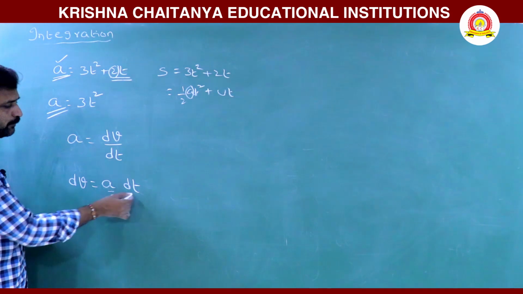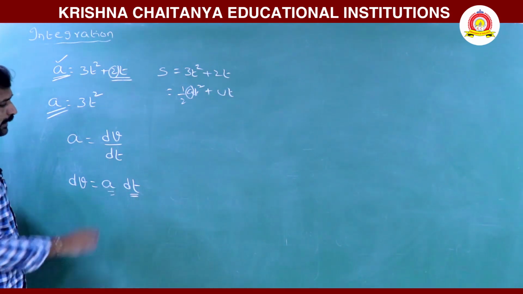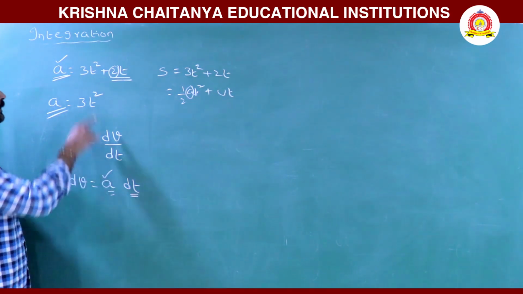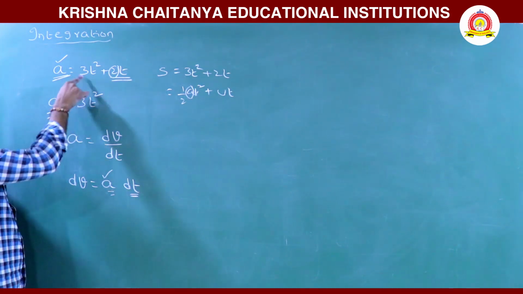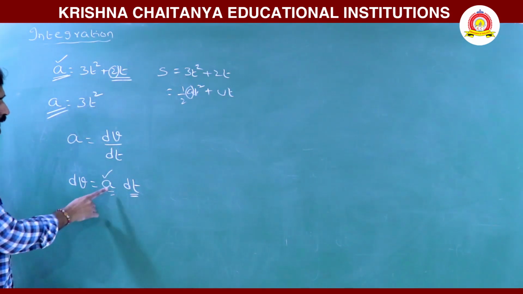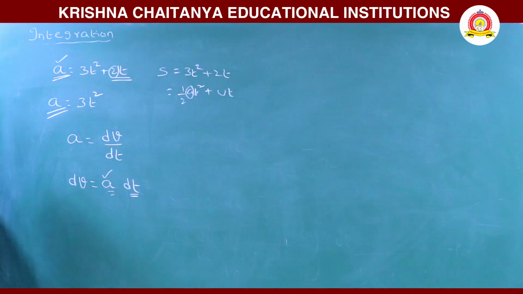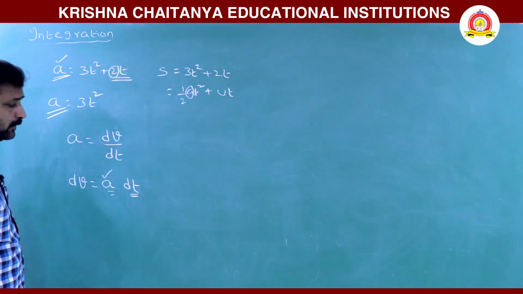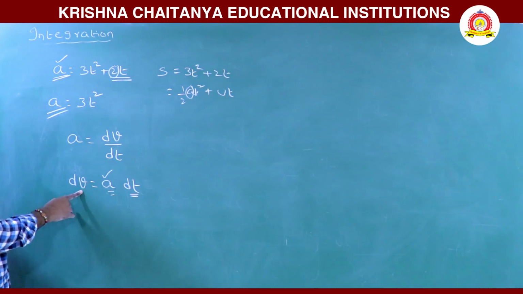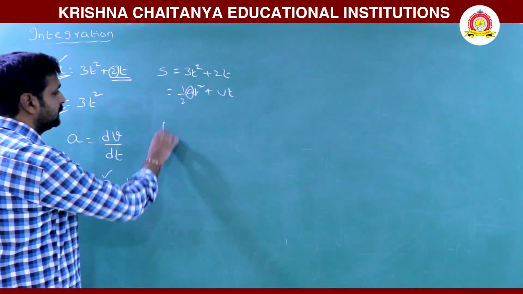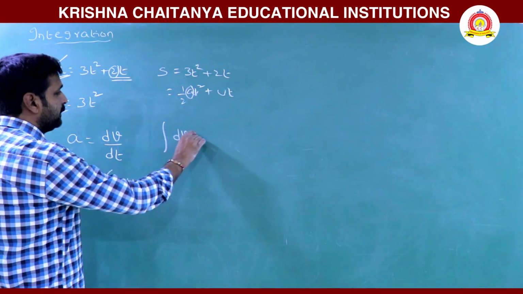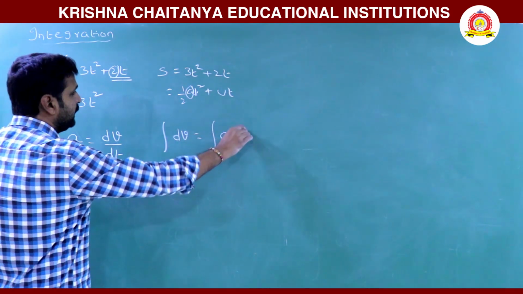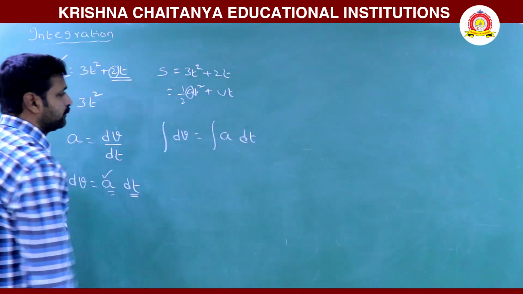Here this is a product. Acceleration depends on time. Then dv is equal to a dt. To get v, we have to integrate. That is, integral dv is equal to integral a dt.